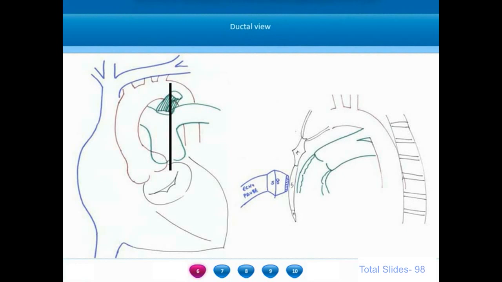On the right-sided cartoon, we show where we keep the echocardiographic probe and anatomically show the location of the right ventricular outflow tract, the pulmonary valve, main pulmonary artery, posteriorly the ductus arteriosus and the descending thoracic aorta.